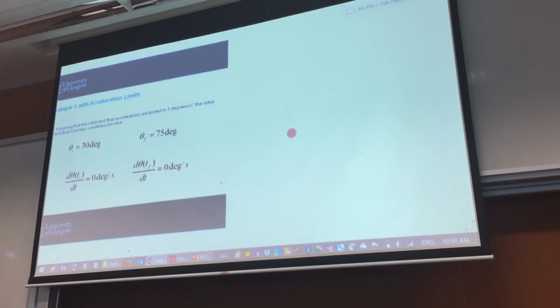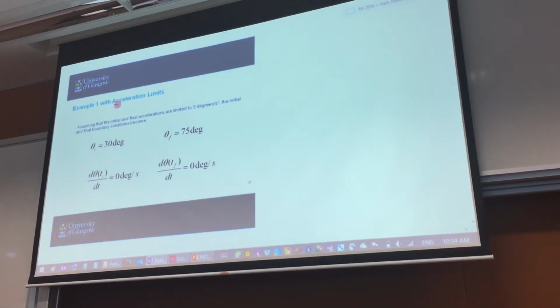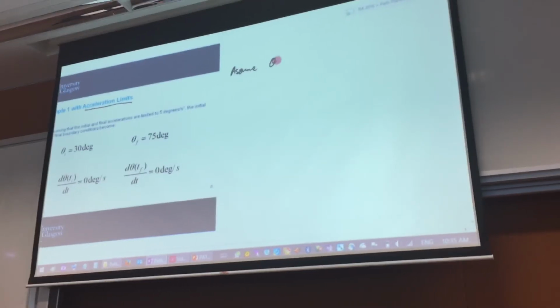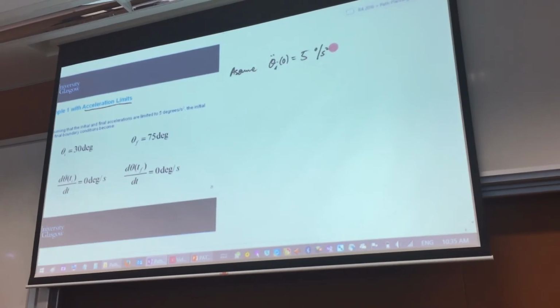So this one here, the other example with acceleration limits. With acceleration limits, we're going to assume the acceleration at the initial position at time equal to 0 to be 5 degrees per second squared.